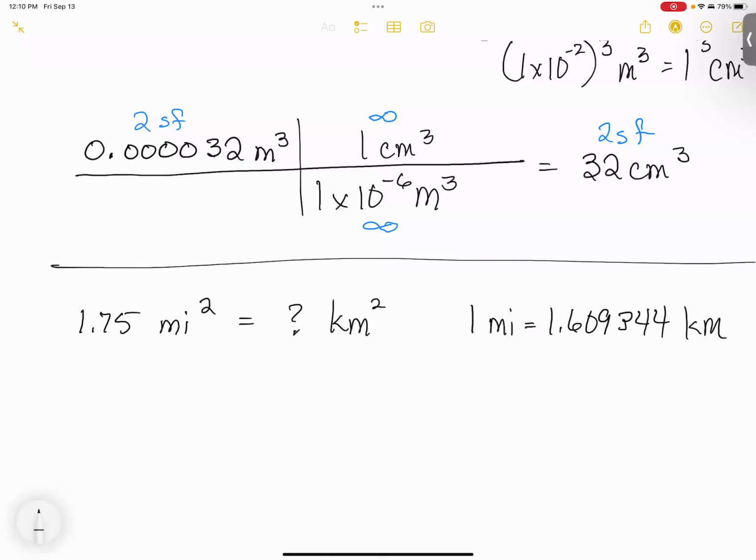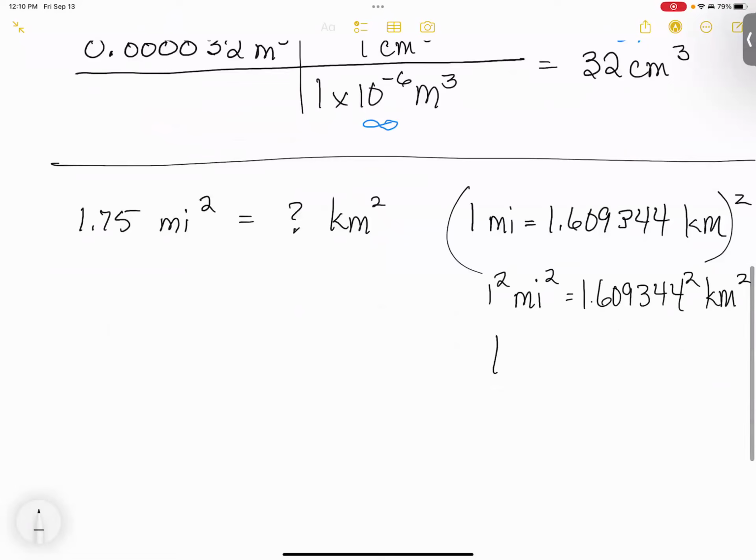But you cannot use this because you don't have just miles. You have miles squared. So we have to square our conversion factor. So 1 squared miles squared is equal to 1.609344 squared kilometers squared.